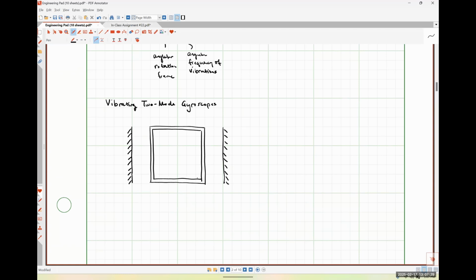This frame, we are going to consider to be very low mass so that we're not going to have to account for its mass later on. Connecting my frame to my anchors, I have some form of mechanical suspension like so.